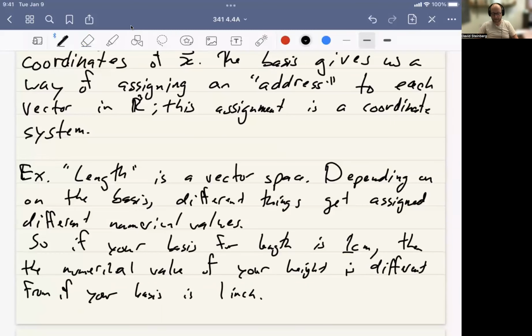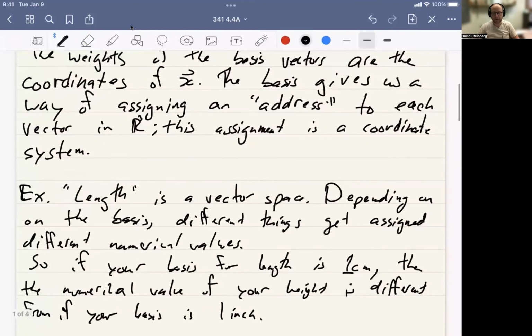Okay. And maybe you've got a preferred basis in the United States. At least people prefer inches to centimeters, but you may want at some point to change bases.